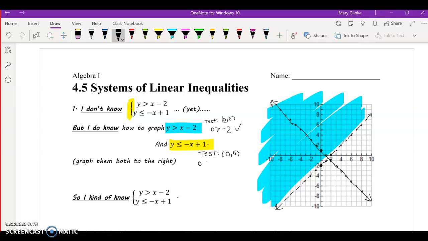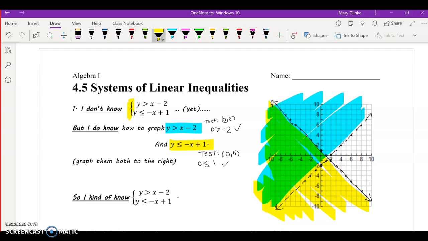If I plug in 0 for y and 0 for x, I get 0 is less than or equal to 1. This is a true statement, which means that 0, 0 is going to work for this one. And so for this one, I'm going to end up shading the part with 0, 0. So for that line, I'm going to shade everything below it.